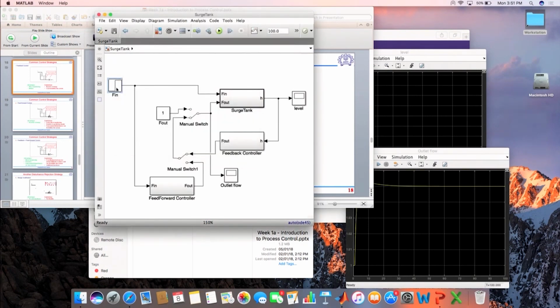So, the inlet flow rate remains at a value of 1. The only disturbance is that there is some leak inside the tank, and we have a feedback control system in place.